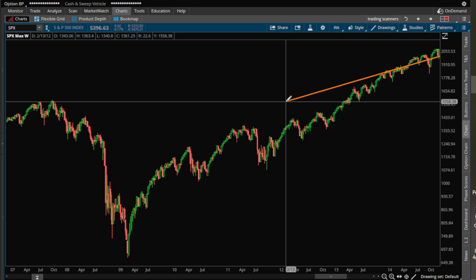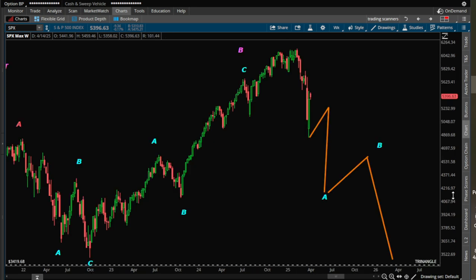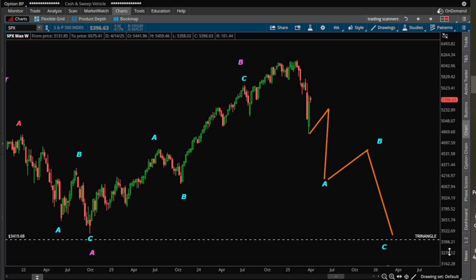So that'll be our first target, and then something like that, and then somewhere down there, wherever that is, 3406, 3400 level. Okay, but let's just play it a little more conservative. Let's do 4153 for the first target.